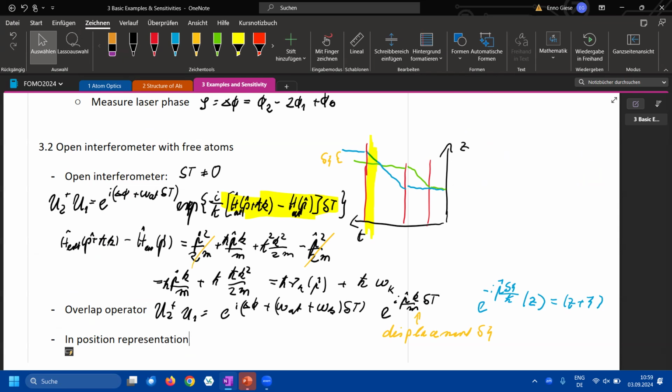So it would be H of p times t plus delta t, plus H of p plus h bar k times t plus delta t, minus H of p times t plus delta t, minus H of p plus h bar k times t plus delta t. And then closing everything that's in there.